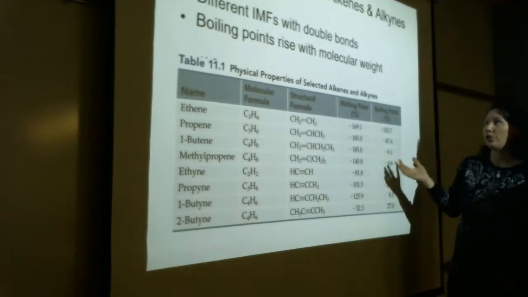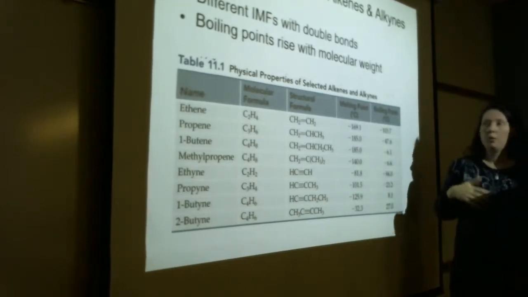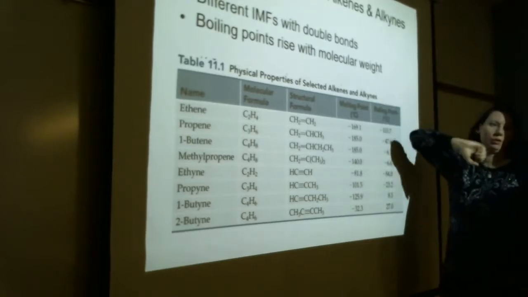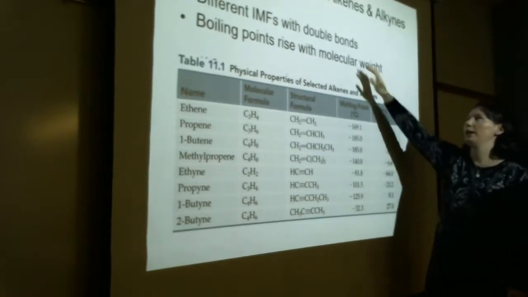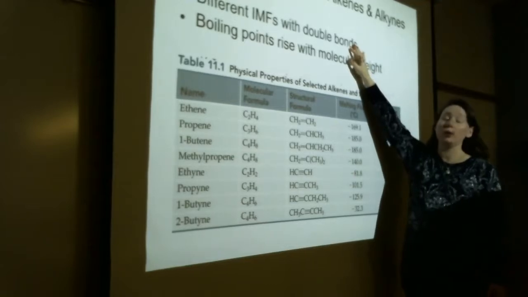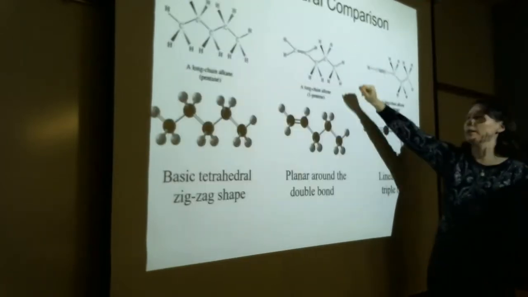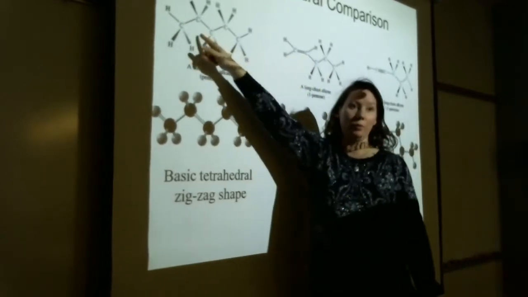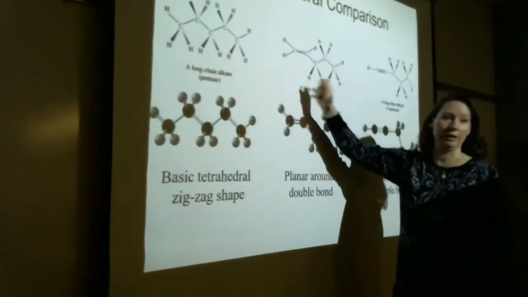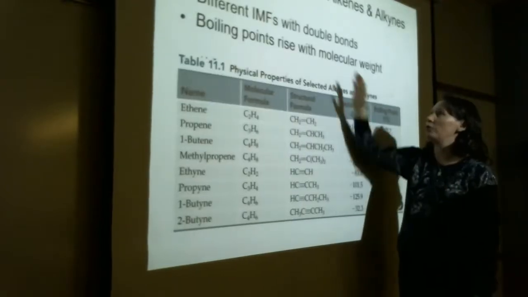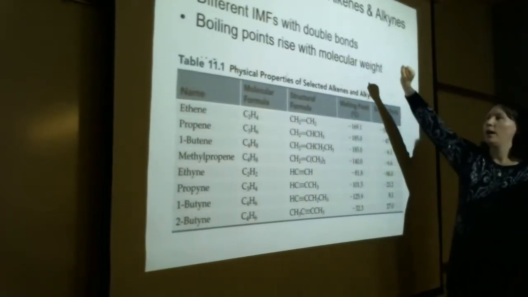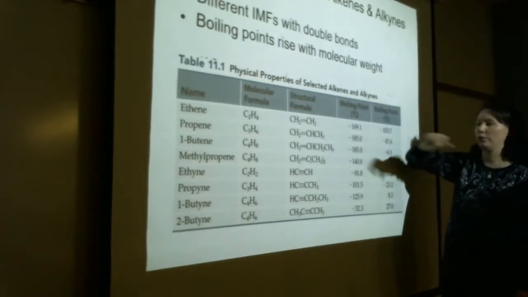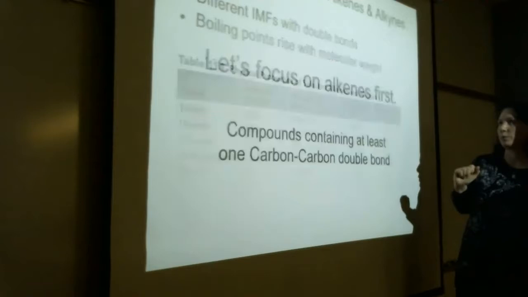And just like we saw with alkanes, with alkenes, as the molar mass goes up, the boiling points are going to go up as well, right? But introducing those double bonds will create new IMFs because notice this is a linear part now that wasn't linear to begin with, right? This is going to stack differently than this. So we are going to have new IMFs when we introduce double bonds, which means same trend though as we already saw. As you increase the number of carbons in the chain, the boiling point will go up as well.